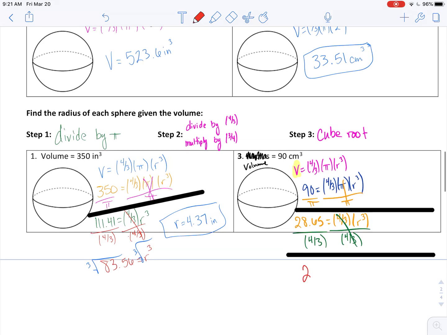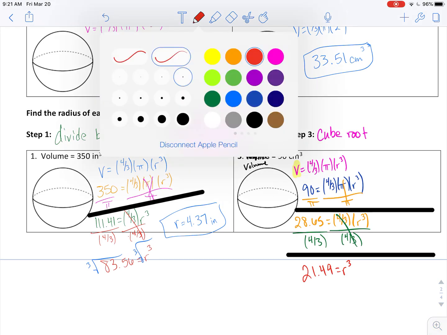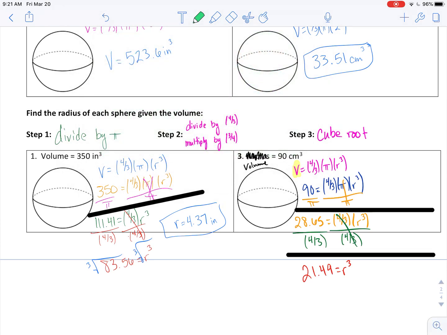Let's use red. So now I've got 21.49 equals r cubed. In our very last step, what is the opposite of cubing a number?